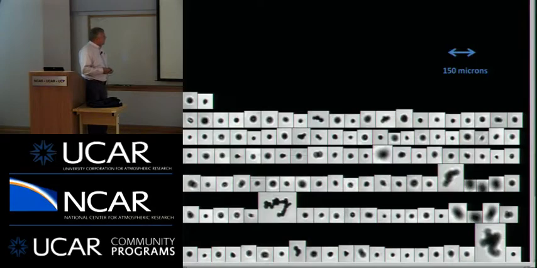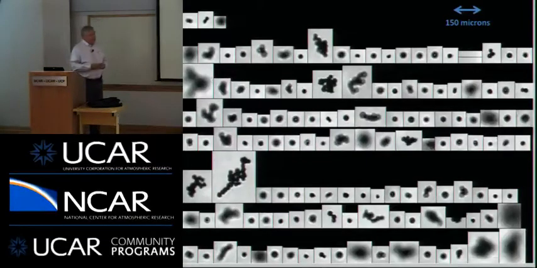And then you see there's a few particles composed of frozen droplets. Here's another one. There's a triplet there. But by and large, most of these seem to be single particles. As you get a little closer into the cloud, you start to see more particles like this, where you have multiple frozen droplets, and yet you still have some single particles.